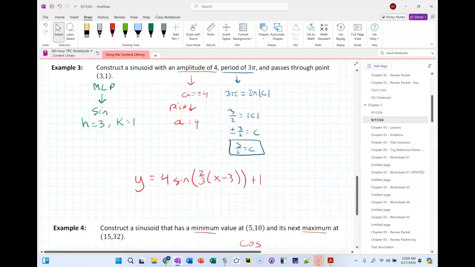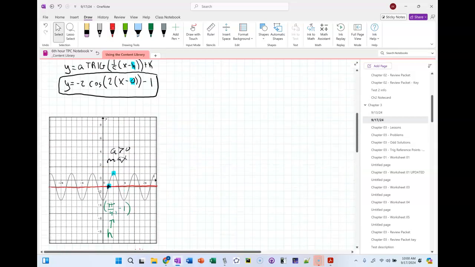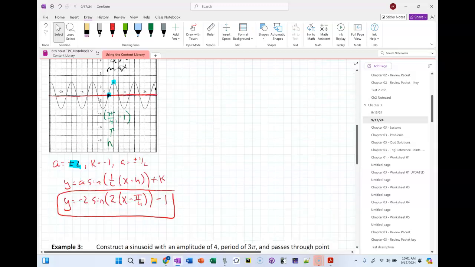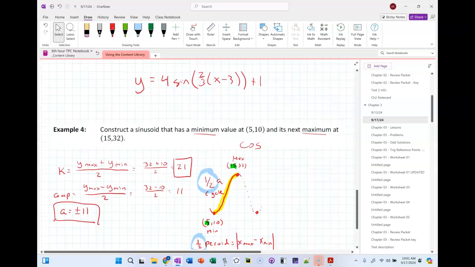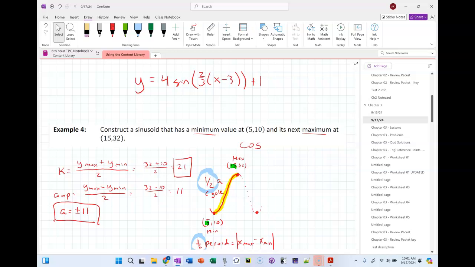Remember when we did this before with the graph, when I did cosine, I had to pick a max or min point, right? Do I know any max or mins? Yeah, totally do. I was given 2 of them in the problem, right? So guess what? I'm just going to pick one of them. So let's say we pick this one.